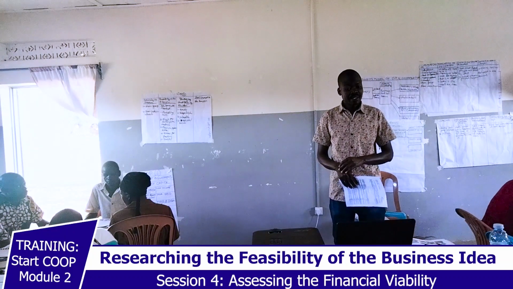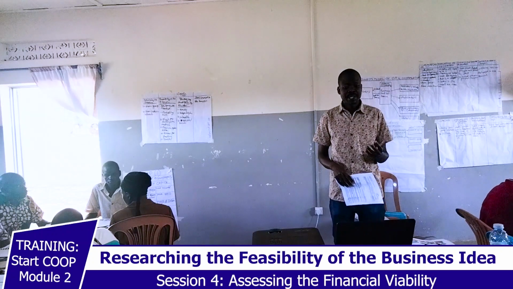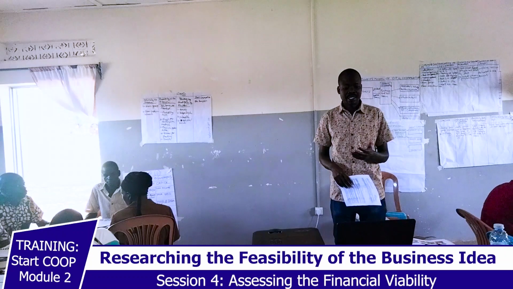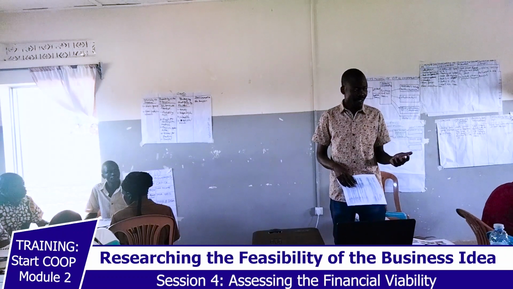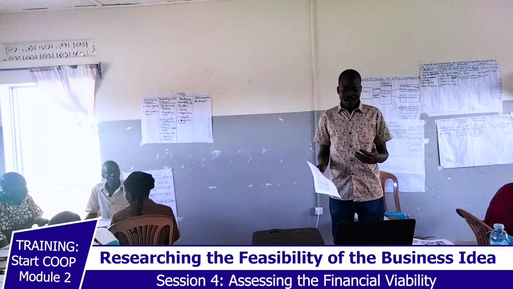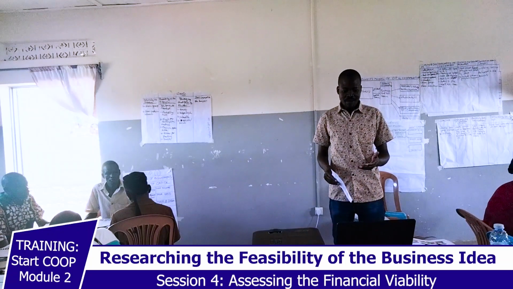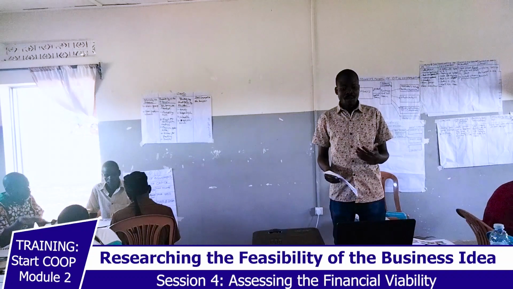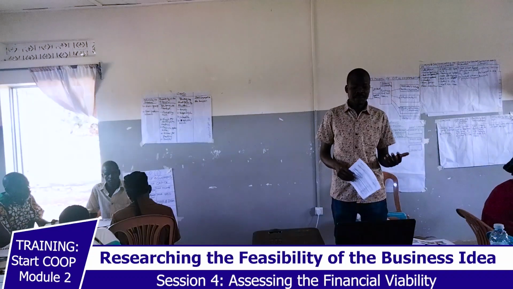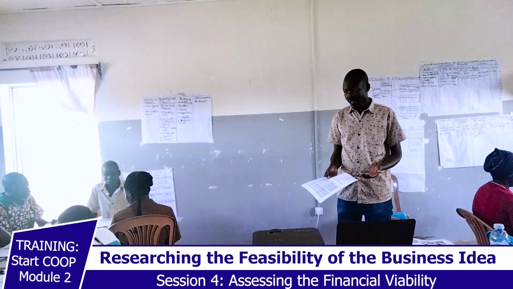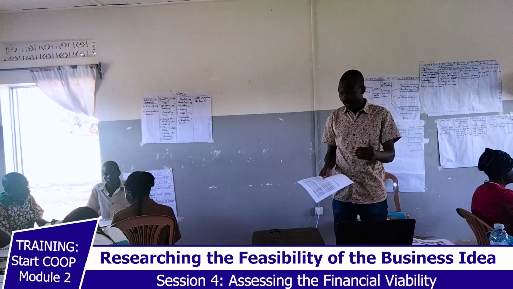Price competitiveness talks about comparison of break-even price to the prevailing market price. What is the break-even price? Okay, let me first go with the overview. Profitability analysis analyzes whether the business will bring in enough income to cover operating expenses. That is what I explained.